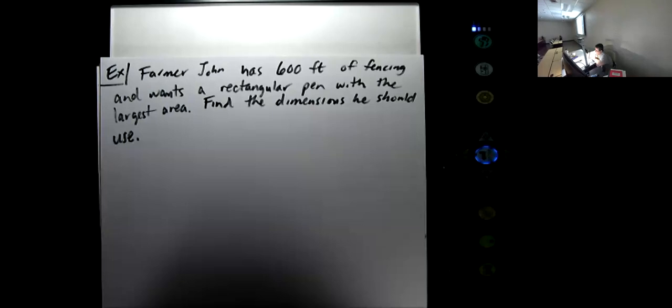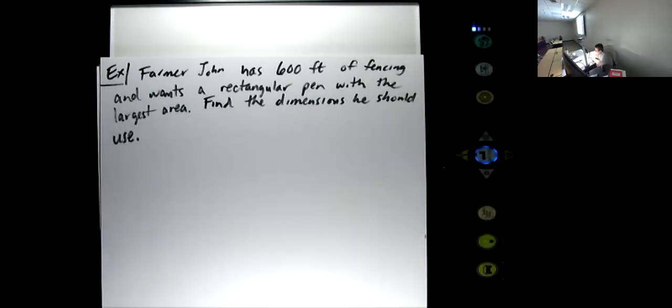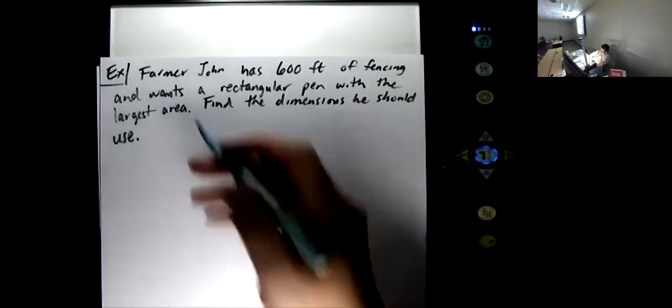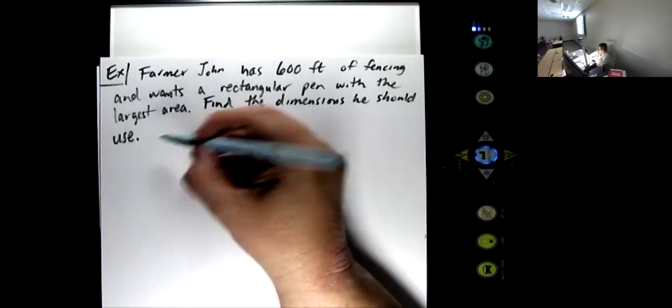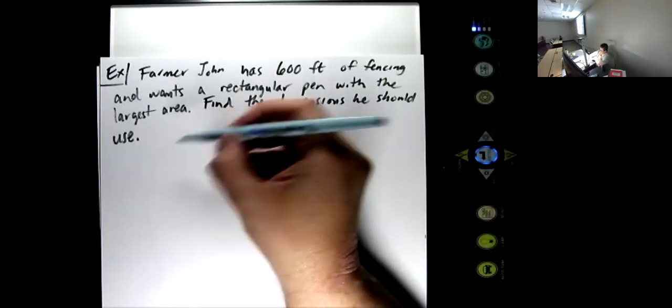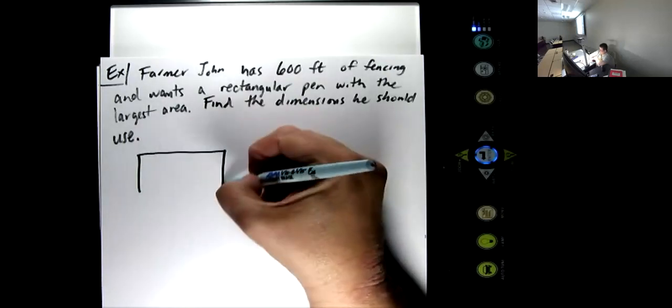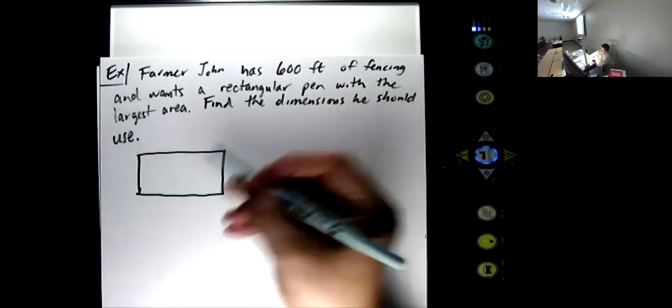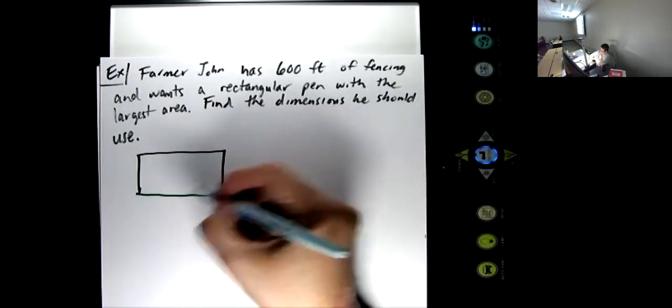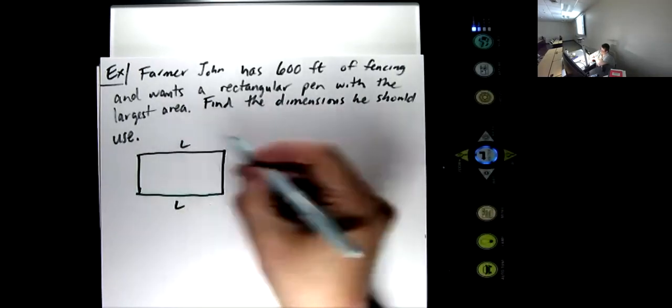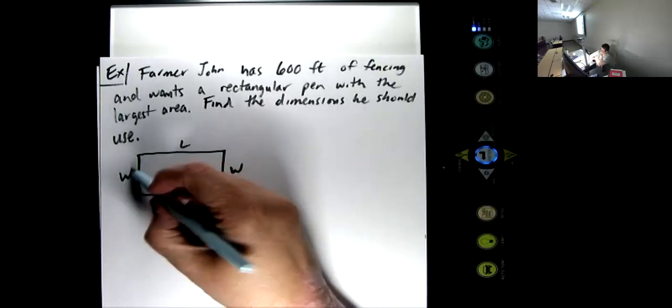All right, everyone got the problem? Sometimes we do steps 1 and 2 together, identifying what we have and what we're looking for. It says a rectangular pen, so we'll call this length and this width.